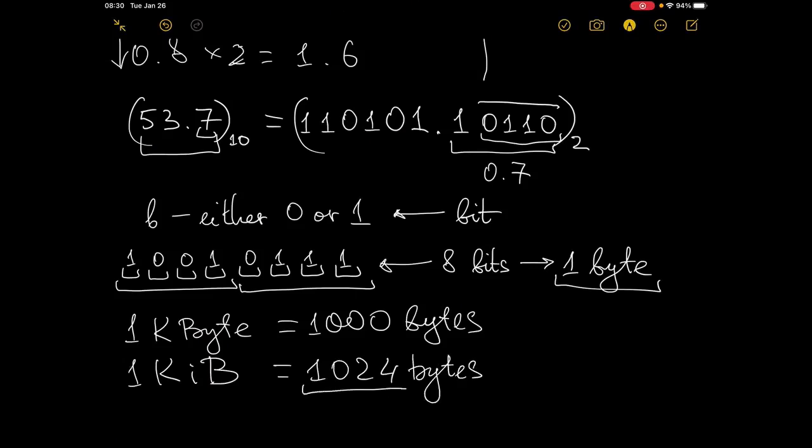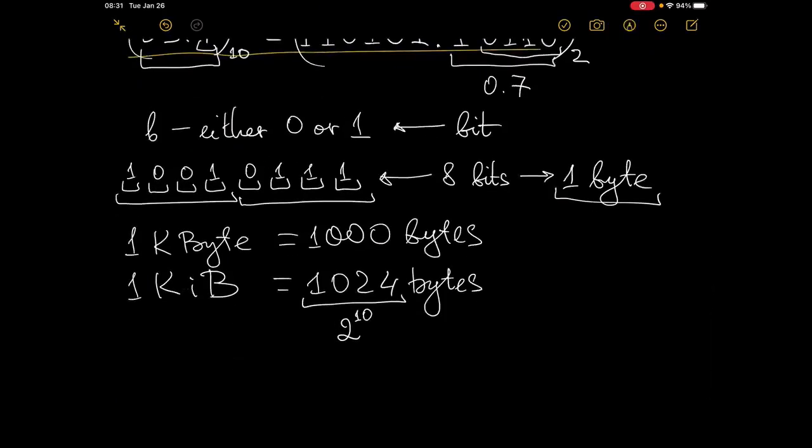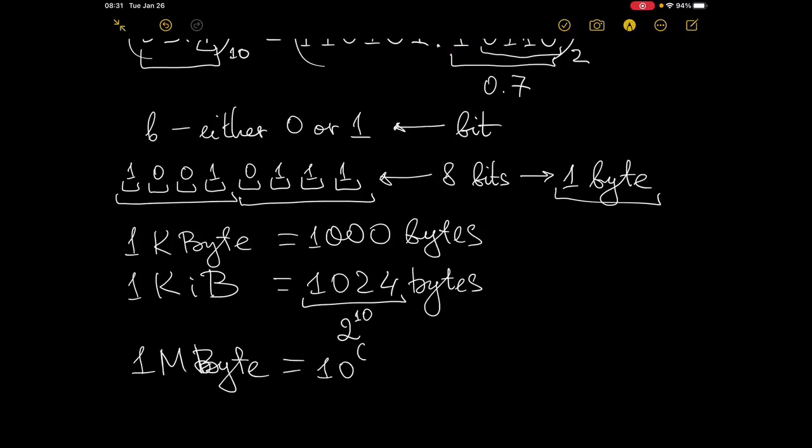Where does 1,024 come from? Because it's 2 to the power 10. So it's convenient to compute, if you're talking about binary representation, using powers of 2. Essentially, 1,000 kilobytes will give you a megabyte, and so 1 megabyte is 10 to the 6 bytes.